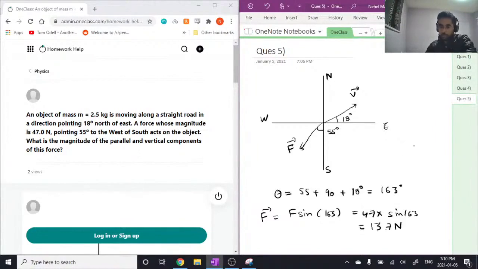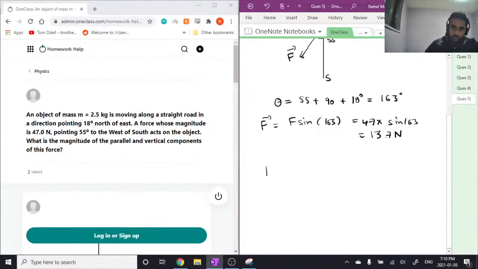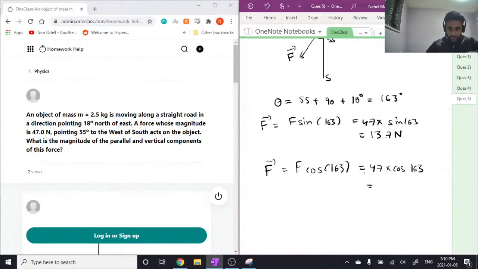And the other component would be F cos of 163, which is equal to 47 times cosine of 163, which is equal to negative 44.9.